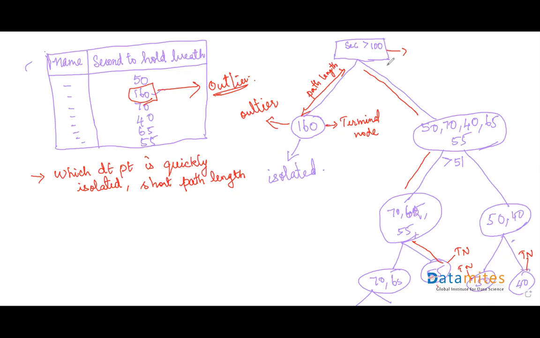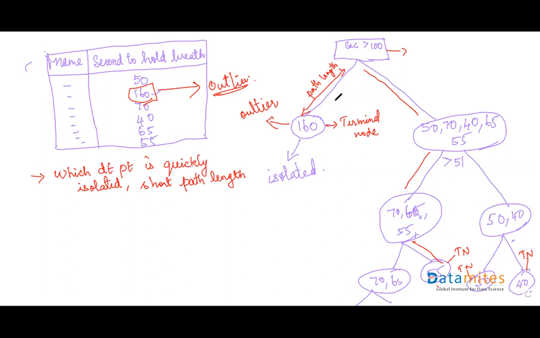So the isolation forest is going to isolate each observation by randomly selecting a feature. And then again, it is going to randomly select the split value. And with that, it is going to isolate each data point. So until each data point is isolated, it is going to do the split. Then it will find the data point which is quickly getting isolated, and it will also check the path length.